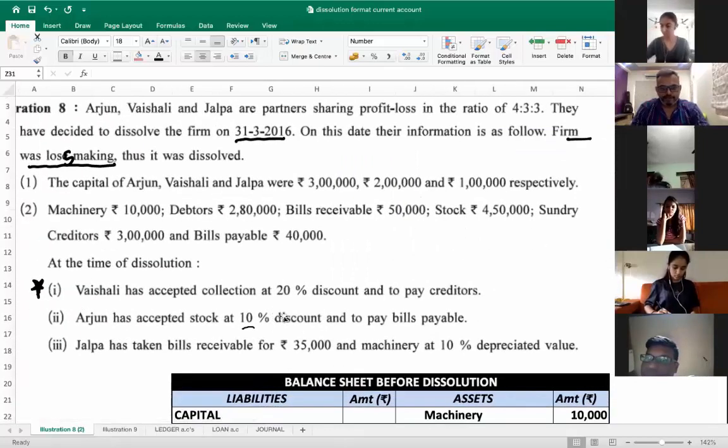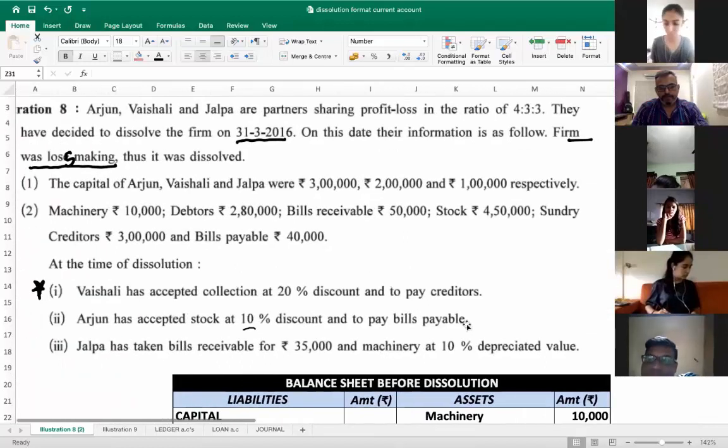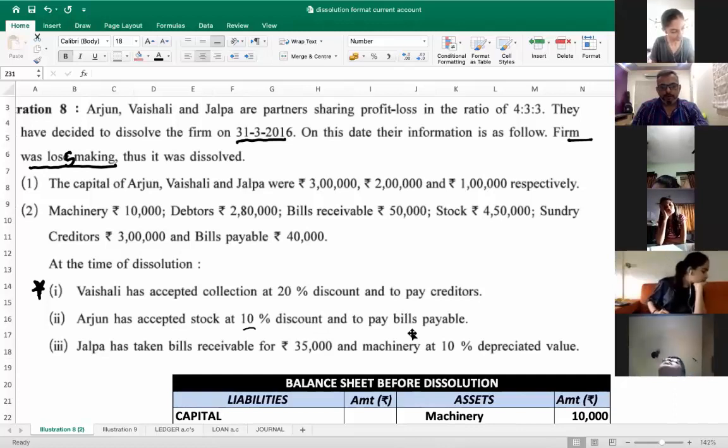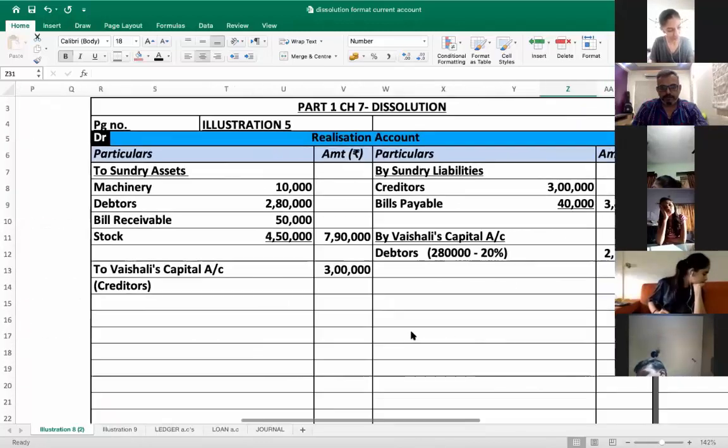Arjun has accepted stock at 10% discount and to pay bills payable. तो अर्जुन ने क्या किया, उसने भी स्टॉक ले लिया 10% डिस्काउंट पे. जैसे वैशाली ने कलेक्शन लिया है 20% डिस्काउंट, वैसे अर्जुन also took over stock at 10% discount.